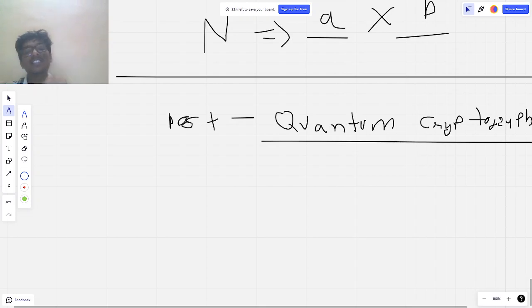Quantum cryptography is basically cryptography done on a quantum computer, but post quantum cryptography is cryptography done to prevent attacks from a quantum computer, such as Shor's algorithm. So we need to update our current standards such that in the future, when these quantum computers are eventually developed, our standards are able to fight and defend against these quantum attacks.